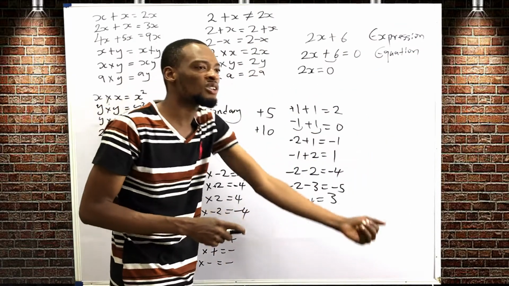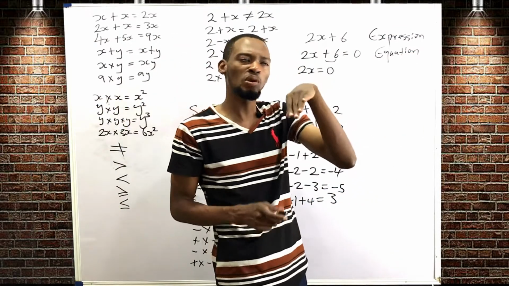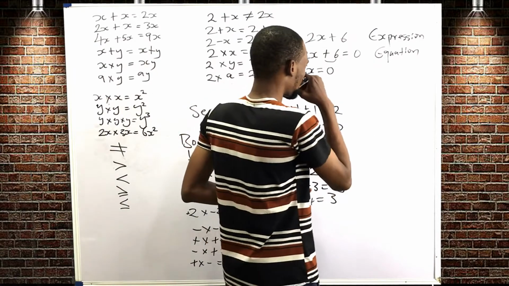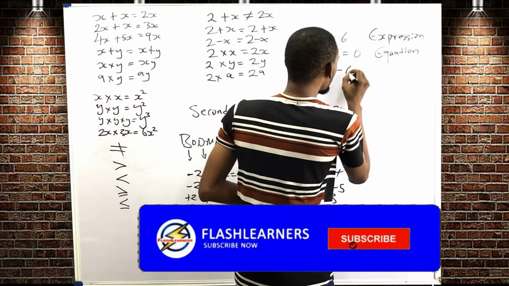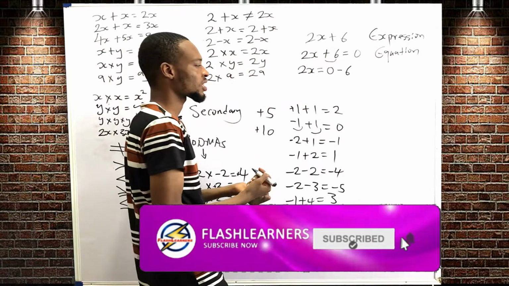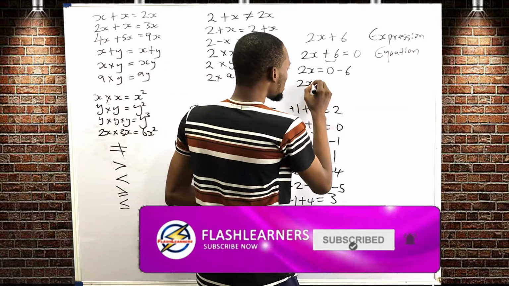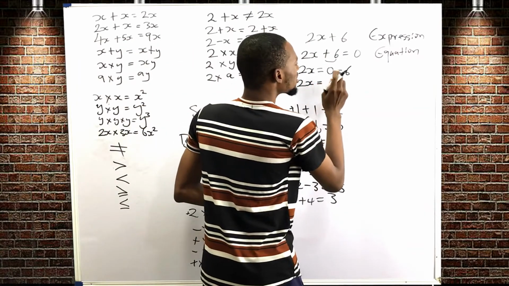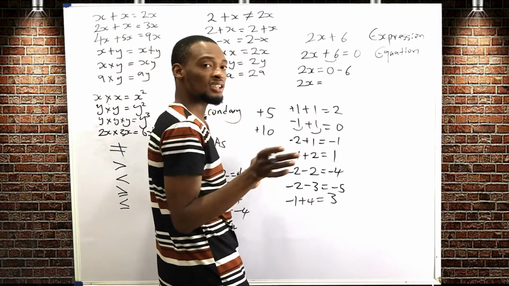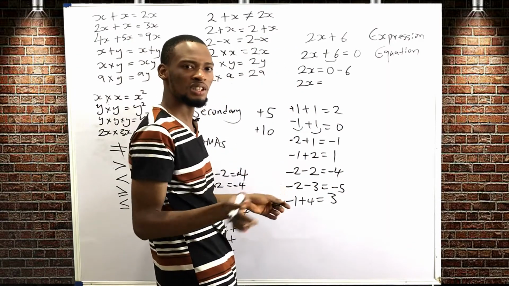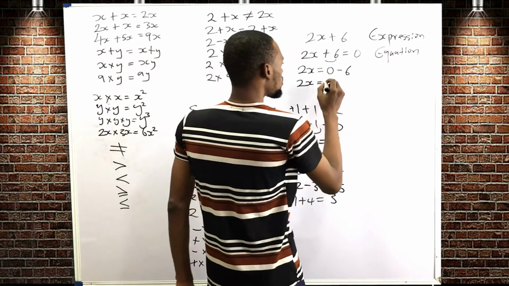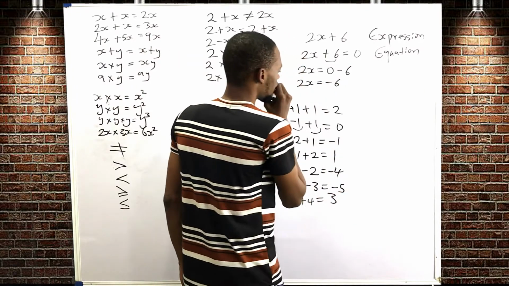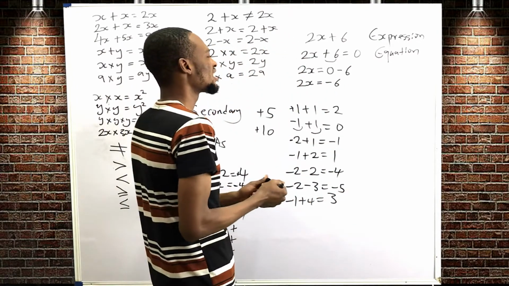When a negative number crosses the equality sign, it becomes positive. So this will give you minus 6 instead of plus 6. So we have 2s is equals 0 minus 6, nothing, minus 6, it remains minus 6, nothing is out of it. So minus 6. Now how do we get our s?